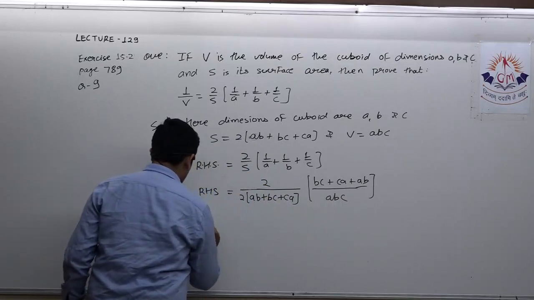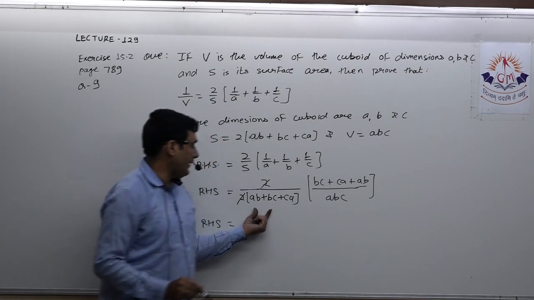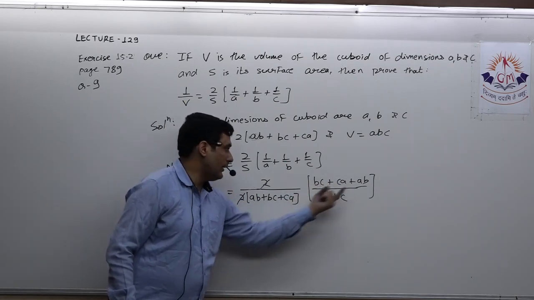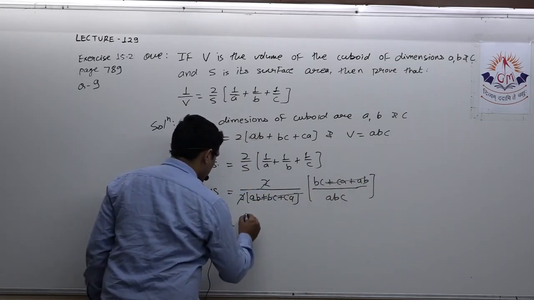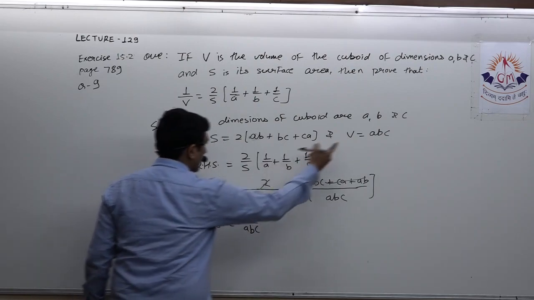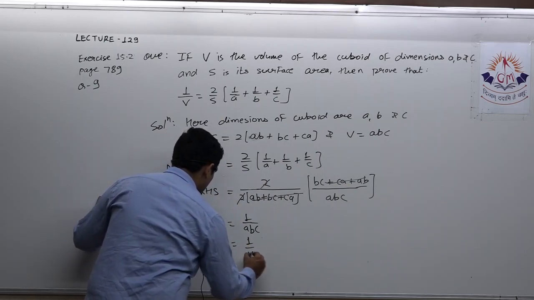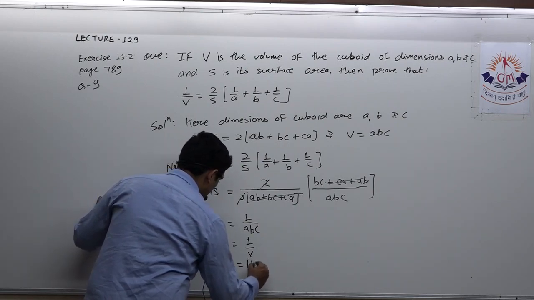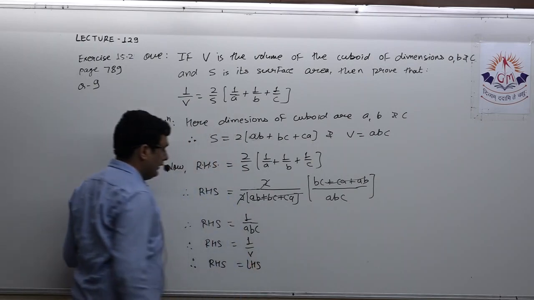Therefore RHS is equal to, this 2 and 2 cancel. Here we have AB plus BC plus CA, and here again the same thing, only the arrangement is different. So we can cancel this as well. What we are left with is 1 upon ABC. And what is 1 upon ABC? It's 1 upon the volume. So RHS is equal to 1 upon V. Therefore RHS is equal to LHS, because 1 upon V is the expression on the left hand side. Hence proved.